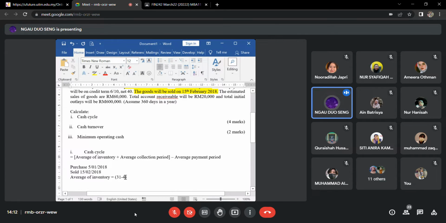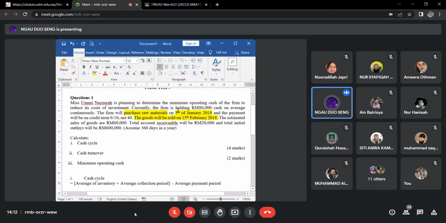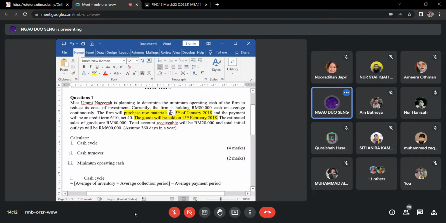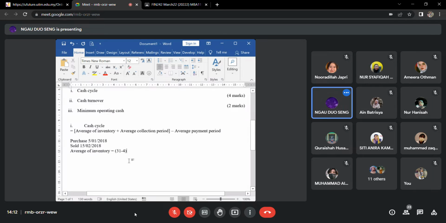But we should subtract 4 because it includes the 5th. So if in the objective exam test, you choose the closest answer. I worry they will subtract 5. But actually it is 4, because we include 5. Right, okay. So you have to be careful during your test.